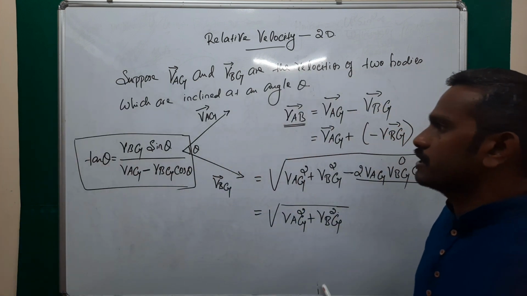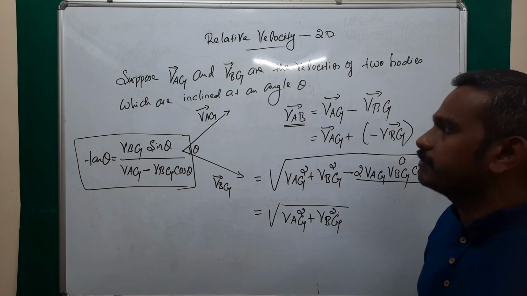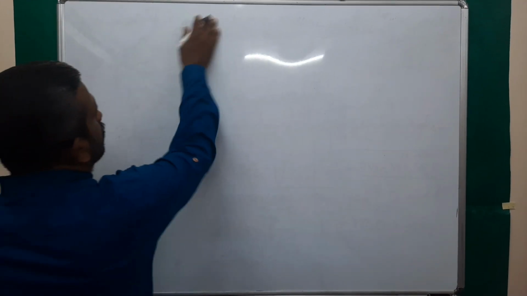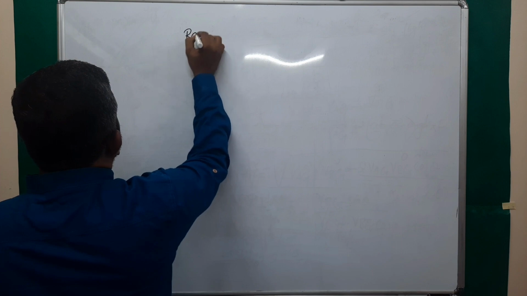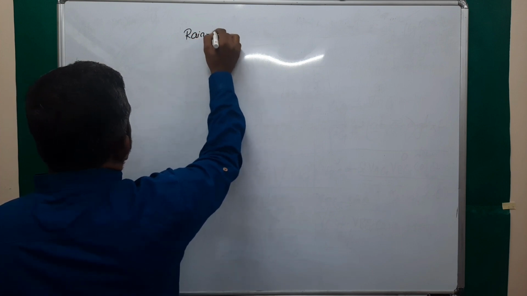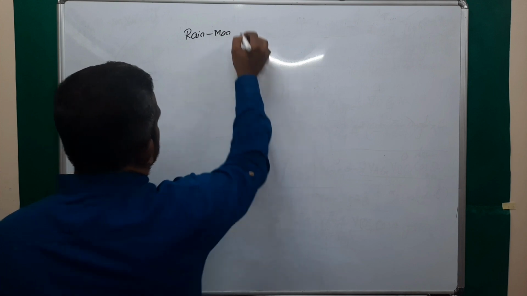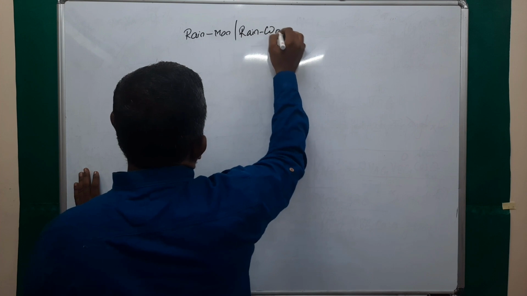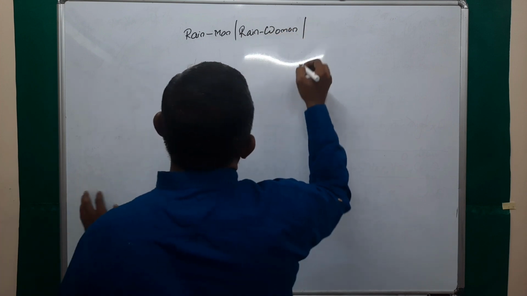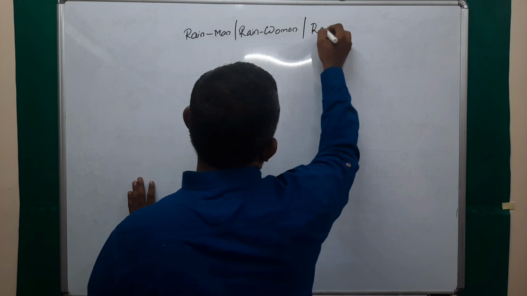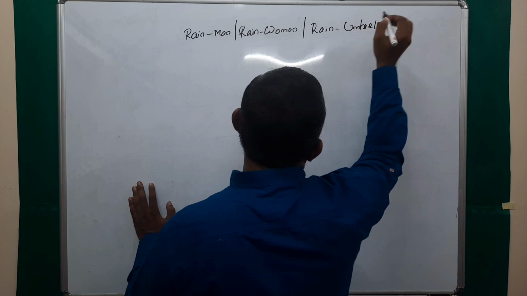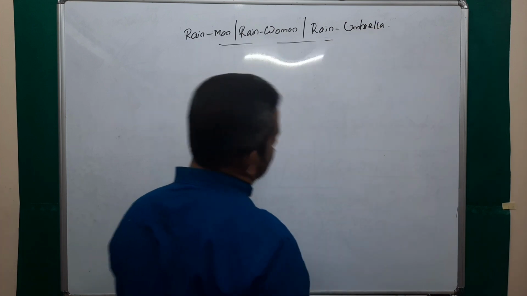So clear? These are the theory and concepts regarding relative velocity in two dimensions. Now, Rainman or rain woman or rain umbrella problems.